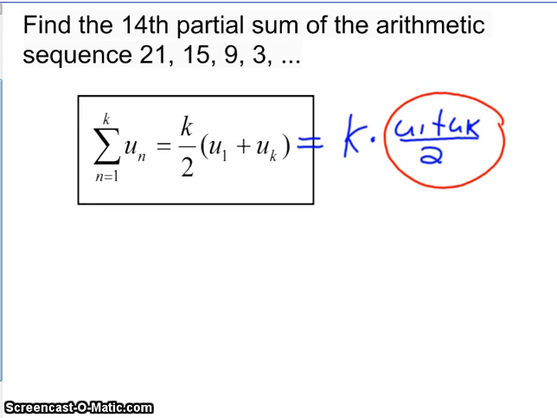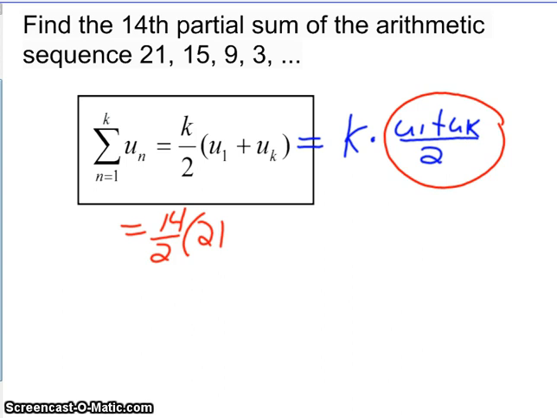All right, I am going to plug in what I know to this formula. My k is 14, and my first term is 21. My last term, well, here's where the problem comes. If you don't know the last term, the 14th term, you might not be able to use this formula.